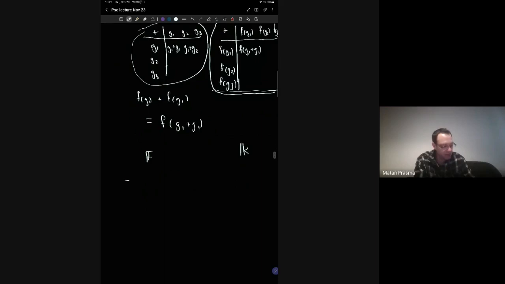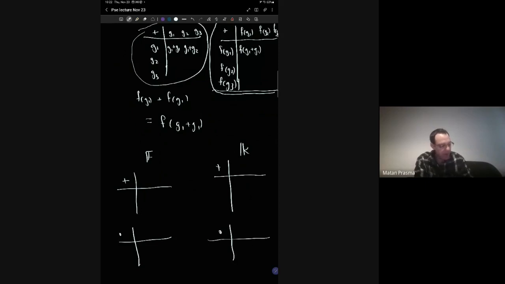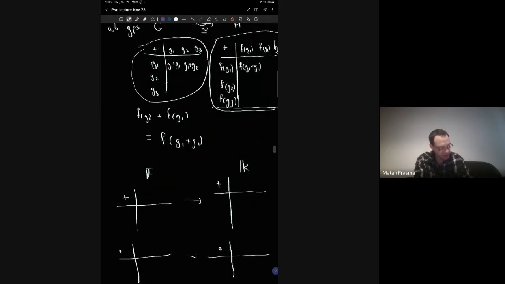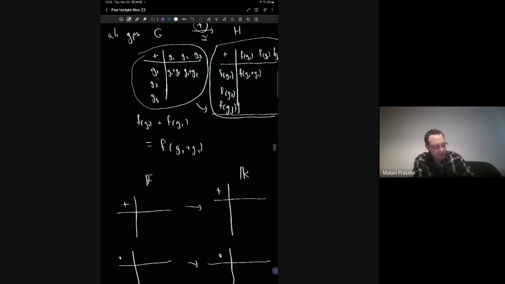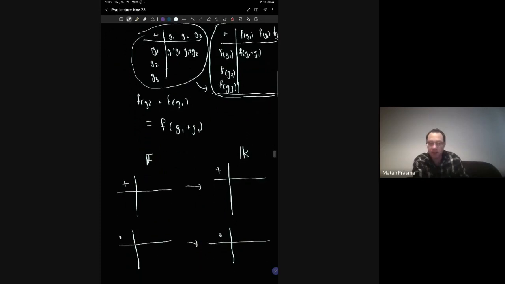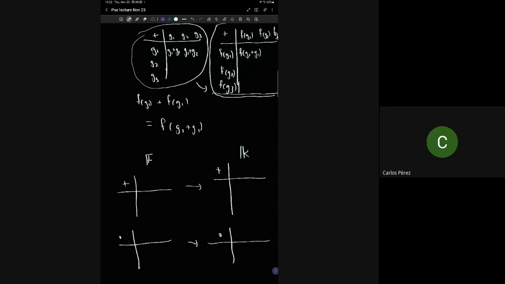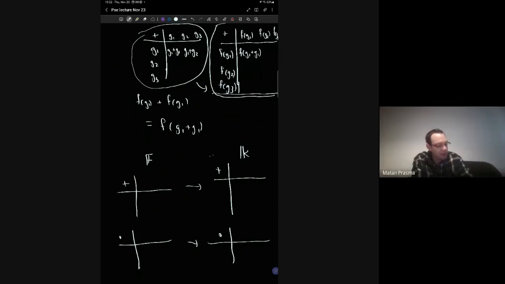So you have the addition table of F, and the multiplication table of F. And you have the addition table of K, and the multiplication table of K. And a homomorphism does something similar to what we had with groups, but for both the addition tables of F and K and the multiplication tables of F and K.